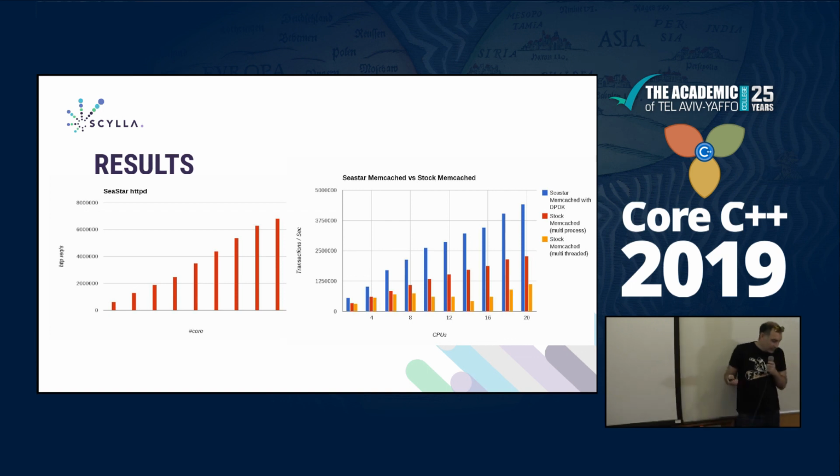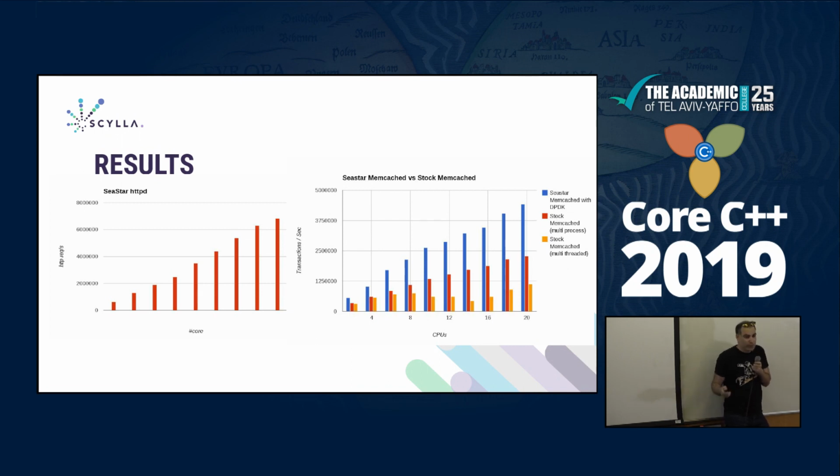So these are the results of a Seastar HTTP server running on a large multi-core. And what you can see is that the scalability is linear. The horizontal axis is the number of cores. And you can see comparisons to, this is actually memcached, not HTTP.